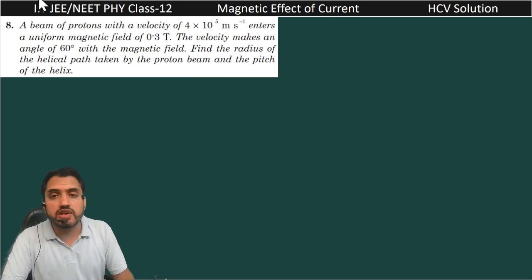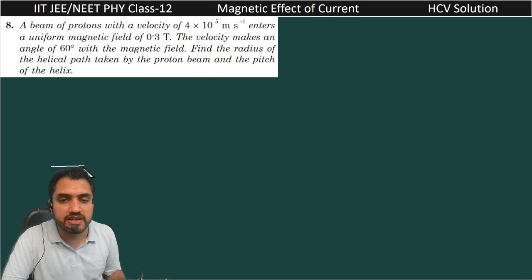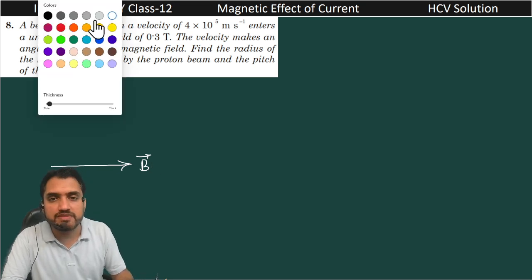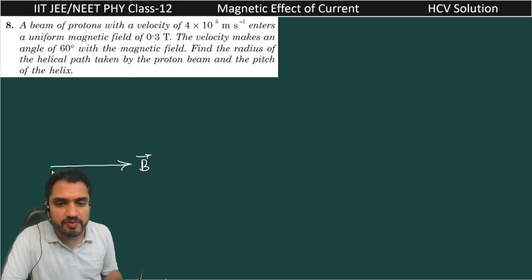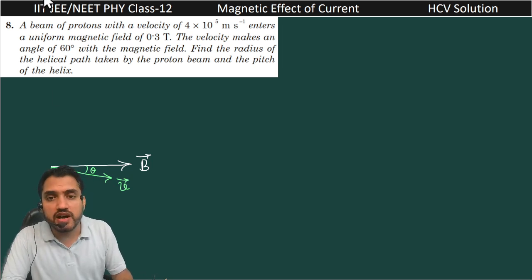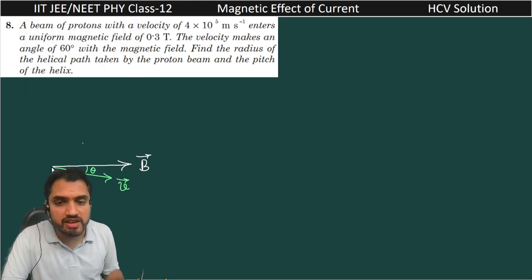So in this question, let us consider this is the direction of the magnetic field, and this is the velocity vector, which makes an angle theta with the magnetic field. For this velocity vector we can consider two perpendicular components.